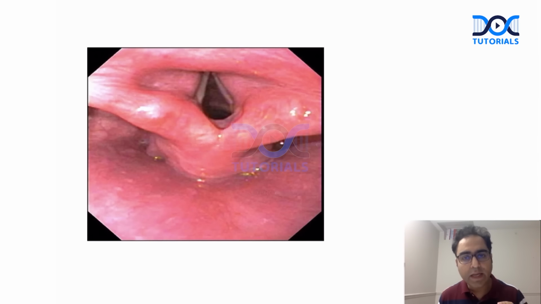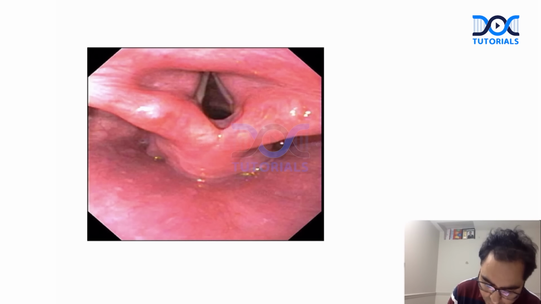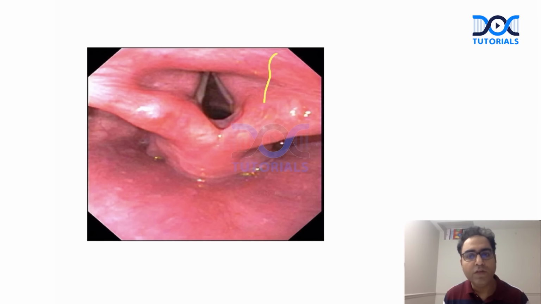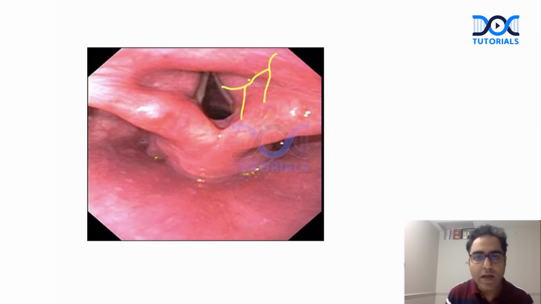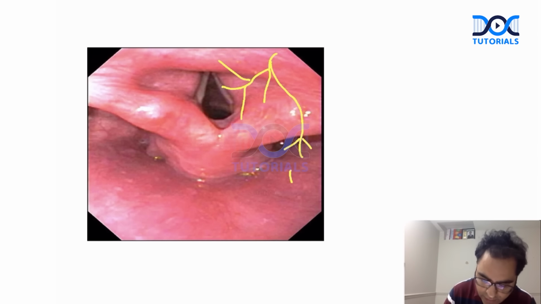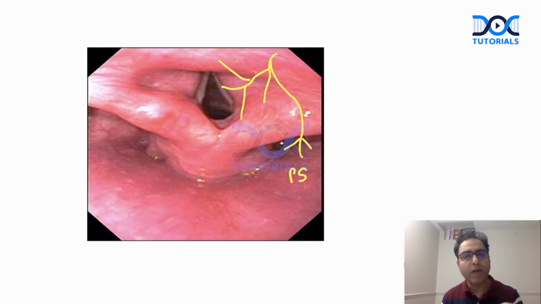Please understand, the internal branch of superior laryngeal nerve, also called internal laryngeal nerve, gives sensory supply to supraglottis, and the same nerve gives sensory supply to piriform sinus also. Are you getting my point?